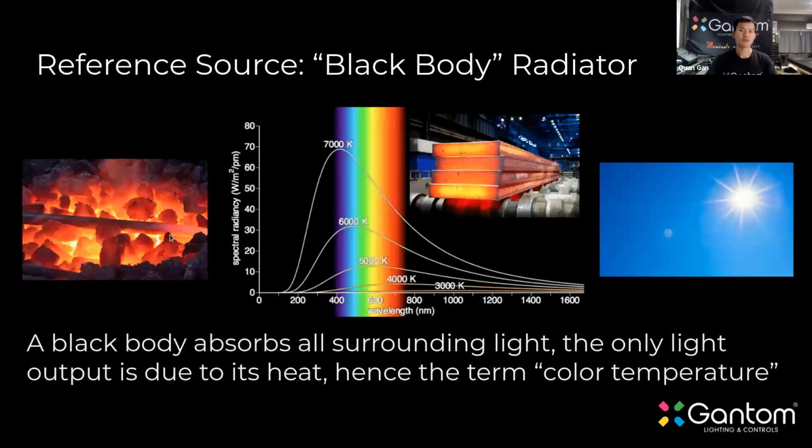The reference source is a black body radiator. Now, before I get into what that is, I just want to pose a question. Have you ever thought about the term color temperature, and why does color have anything to do with temperature? And what does light have to do with how hot something is?